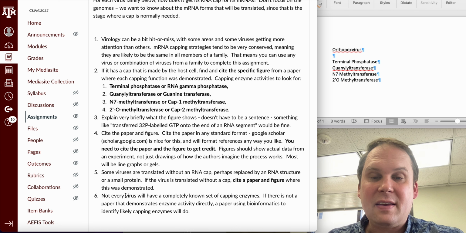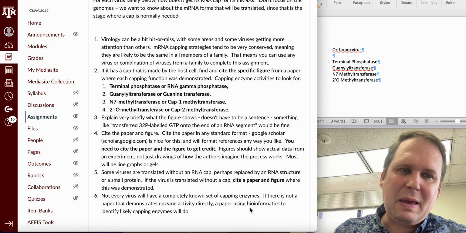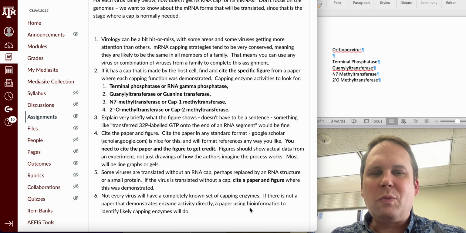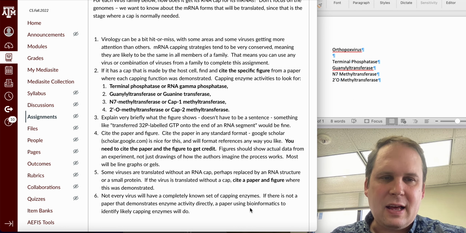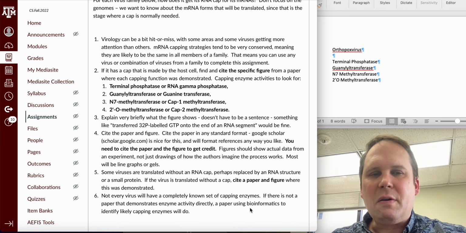Of course, if it's not known for sure, on some of these papers, someone will have done bioinformatics. That just means it's a way of using the computer to analyze the sequence of the virus and say, oh, you know what?